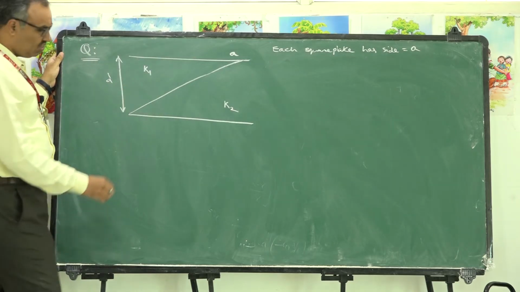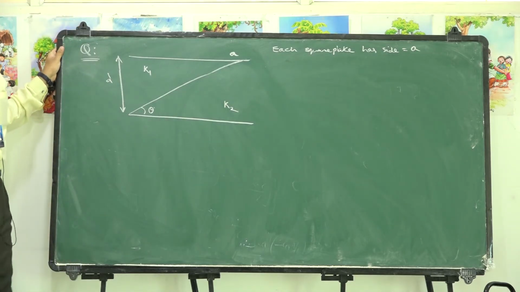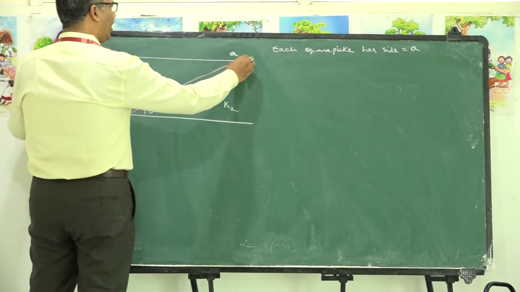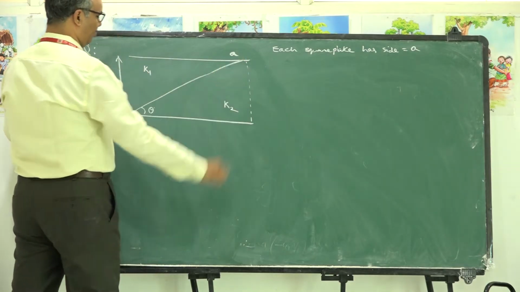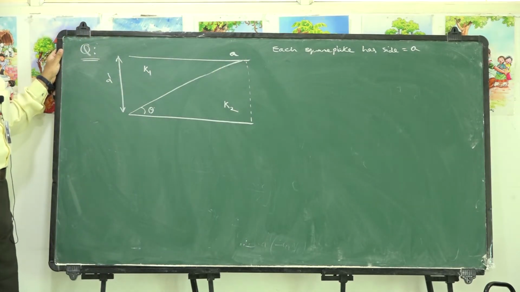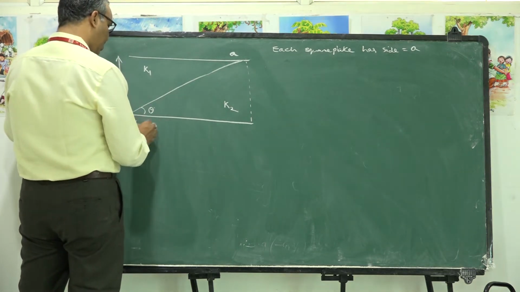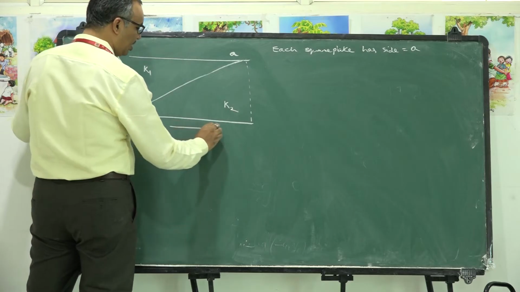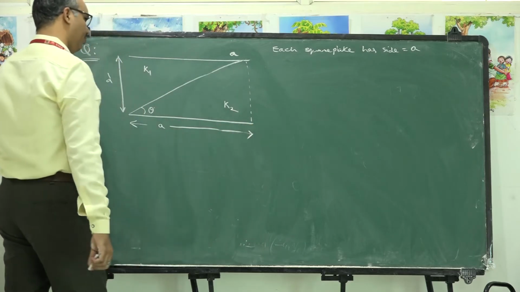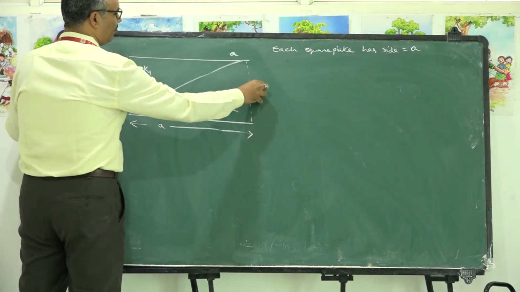Suppose this angle is theta. We can frame a right angle triangle like this. Here the base of the triangle is nothing but the side of the plate A. The height of the triangle is nothing but the separation between the plates d.